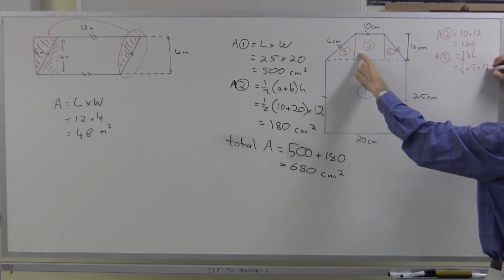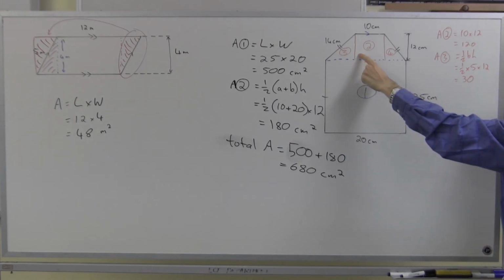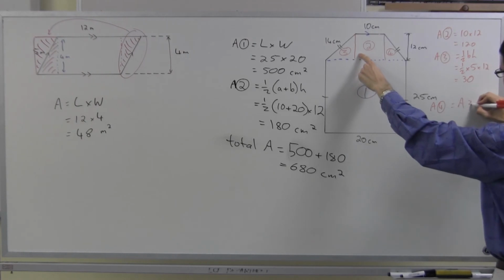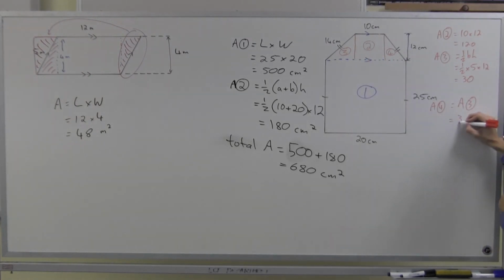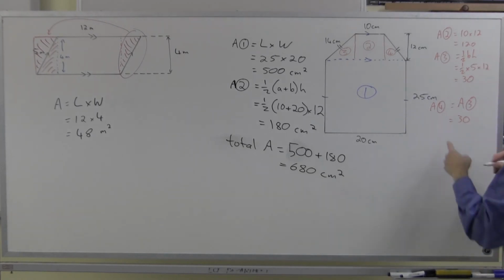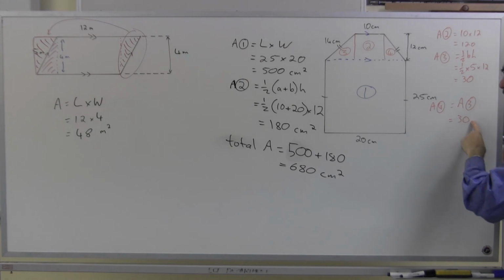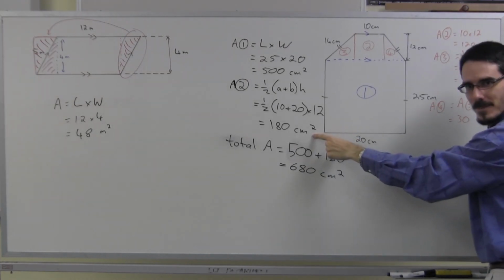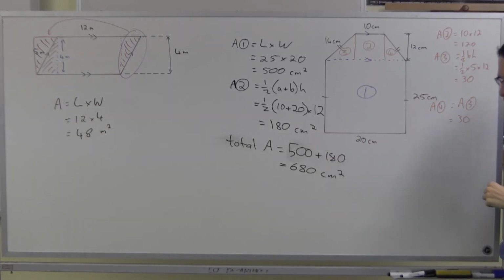And the height is 12, which is 30. And then area number 4 is the same as area number 3, which makes it 30. So then look, I've got 120 plus 30 plus 30, which makes 180. So if you get stuck, break it up into separate shapes.